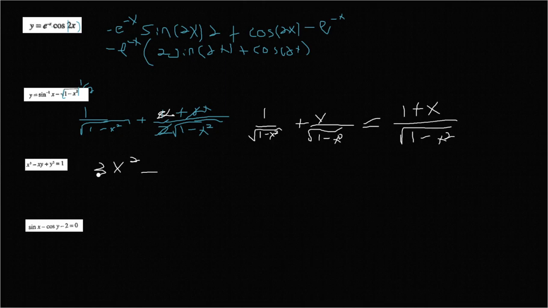These are both variables here, this x times y, so we're going to do a product rule. We keep the first and multiply by the derivative of the second, and the derivative of y with respect to x is dy/dx.